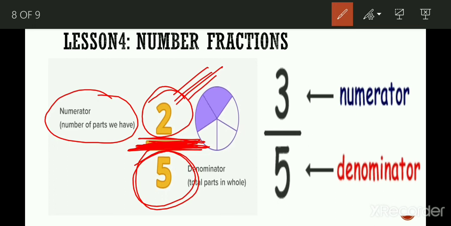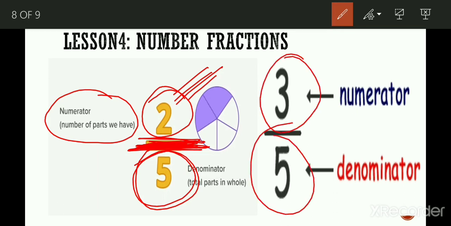And what does the numerator tell us? It tells us about the number of parts. And the number below the line is called denominator and it tells us about the total parts in a whole, right? Now, suppose we have 3 upon 5.